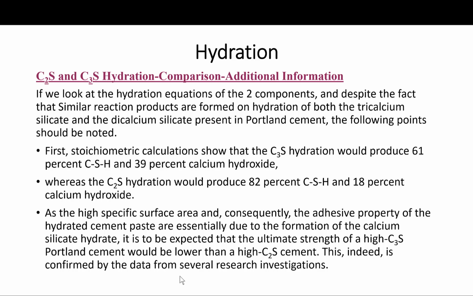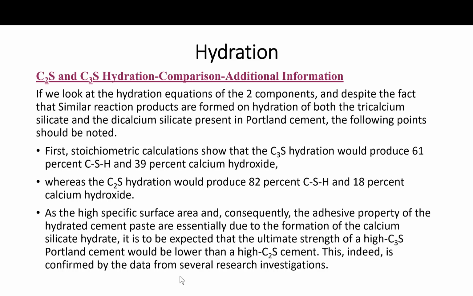First, the stoichiometric calculations show that C3S hydration would produce 61% calcium silicate hydrate and 39% calcium hydroxide, whereas the C2S hydration would produce 82% calcium silicate hydrate and 18% calcium hydroxide.